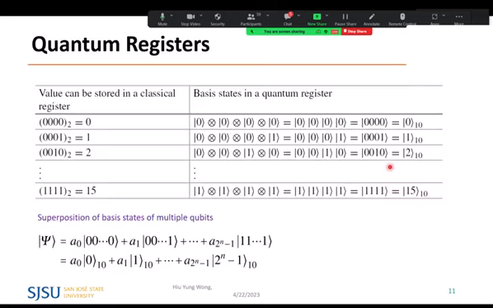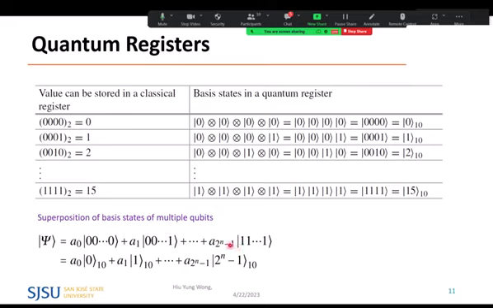So what's so important is this. On the left, I'm showing you a classical register, let's say in this example, with 4 bits. These 4 bits can represent 16 possible states. And these are just the basis states in a quantum computer. So if I have 4 qubits, I can represent 16 basis states. So nothing special. But if I have 4 qubits, I can also represent states that are linear combinations of these 16 basis states. That means I need 16 complex numbers to describe one of the states in this quantum computer register.